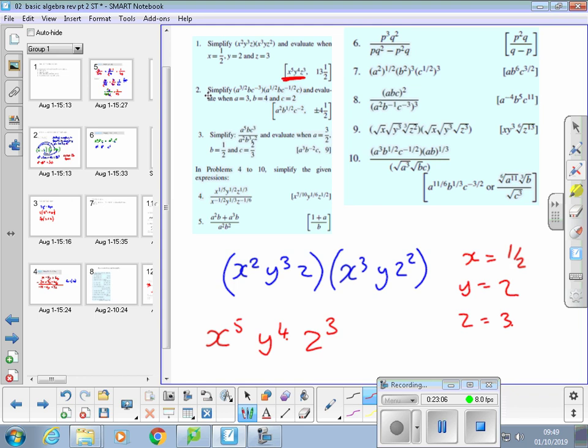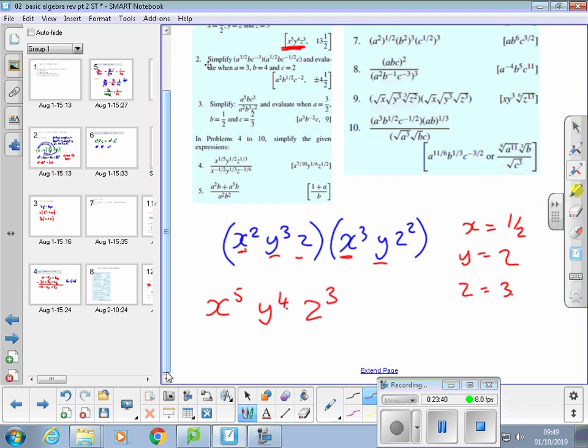No, because they're all multiplication. There's no addition in there, is there? Or subtraction. So you just pick the like terms and multiply them together. Because they're all multiplied. No plus or minus in there.